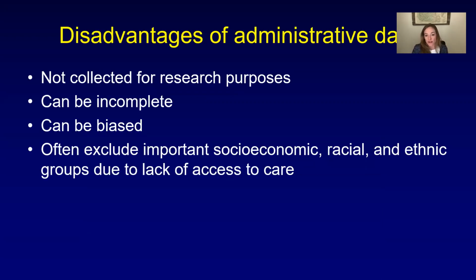I've made it seem really exciting, hopefully, to work with administrative data, because I think it's really fun as a statistician to have large data sets with lots of complicated features. But there are definitely some disadvantages, and I'm going to go over those. I hope it's not too much of a review. If you are someone with an MPH or a PhD, you've probably learned a ton about bias and will be bored with some of these slides, but I'm hoping at least it's a review for people.